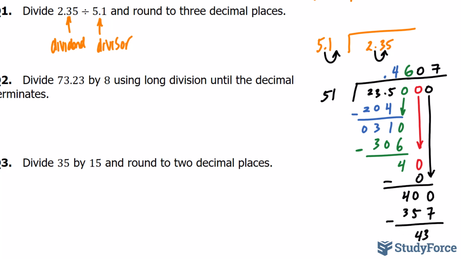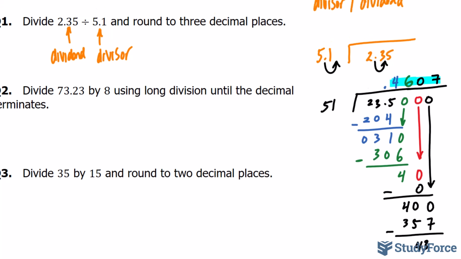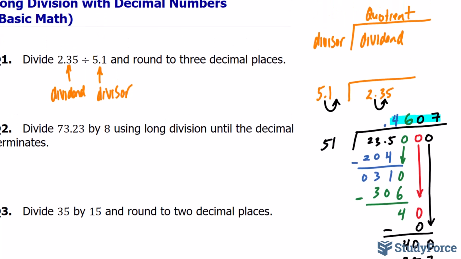At this point, we will stop because we've already gathered 4 digits following the decimal point. And we want this rounded to 3 decimal places, and we have enough digits to determine what our answer will be. Our answer will be 0.461. Notice that this 0 is followed by a 7. 7 is 5 or more, therefore we round the 0 to a 1.